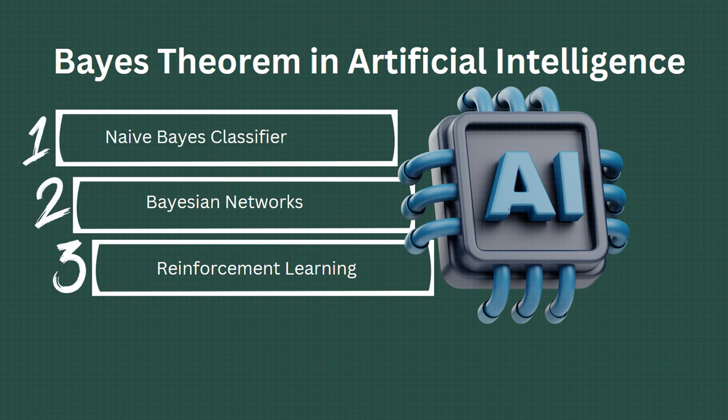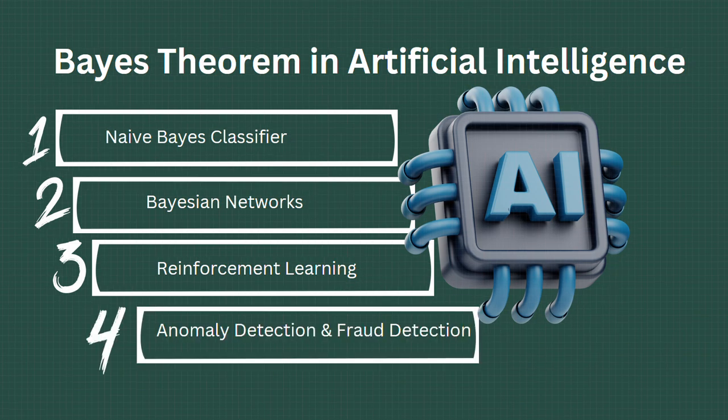And another is the stock market, as I already said, how we can choose a better stock using Bayes theorem. So reinforcement learning is one of the keys for artificial intelligence, and we use Bayes theorem in reinforcement learning. And another is anomaly detection and fraud detection.